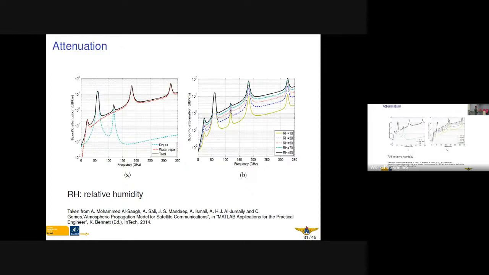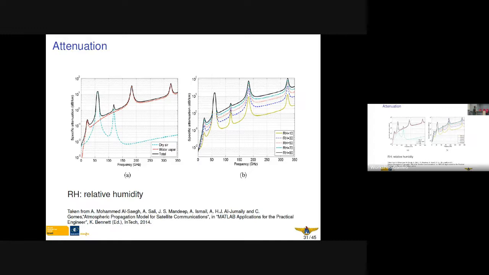I took a graph from a paper called Atmospheric Propagation Model for Satellite Communications to explain this attenuation a little bit. We can see in graph A on the left-hand side, on the x-axis, the frequency from 0 to 350 gigahertz, and the specific attenuation in dB per kilometer.